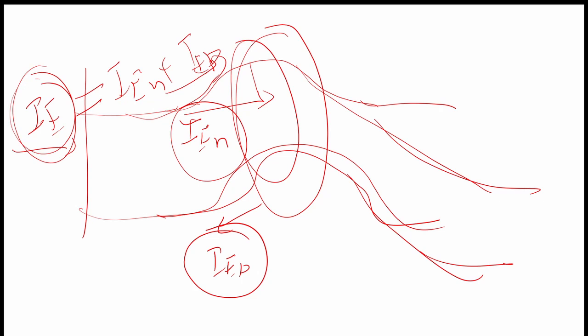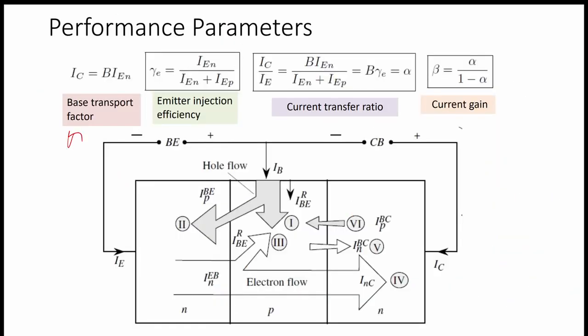So this is the unwanted current. How much of this IEN is there in our BJT that is contributing to the IC? This is given by the base transport factor, because in the base there is also hole current that we want to minimize.